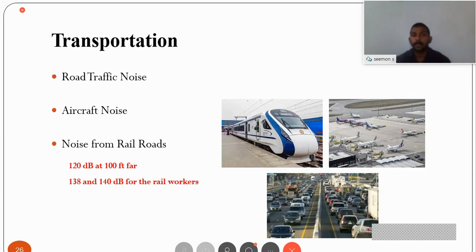From the studies, it shows that at 100 feet away it is producing 120 decibels of sound. And if the workers are working on the track, the intensity of sound would be 138 to 140, it is found.